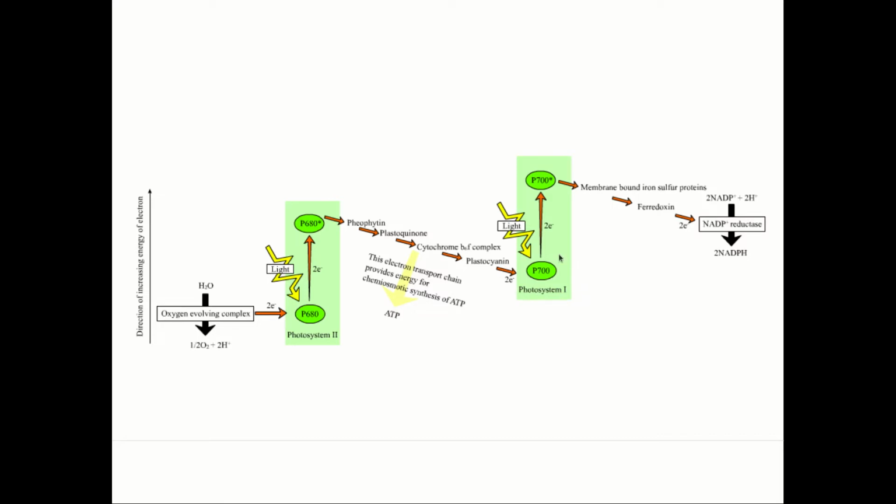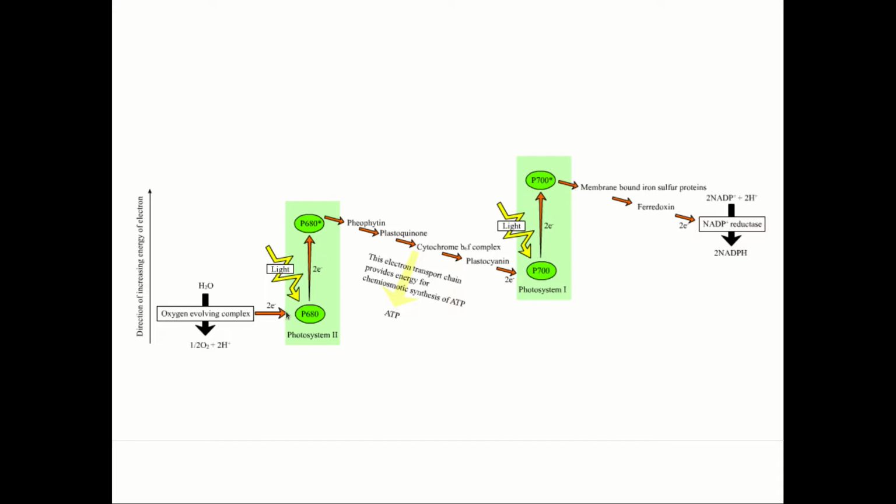until they get down to the photosystem 1 reaction center, where more light is absorbed, and that re-excites it. The center of photosystem 1 becomes excited, and it will be P700 star.